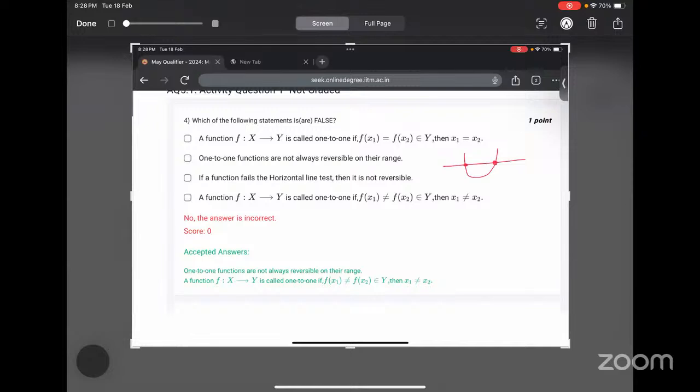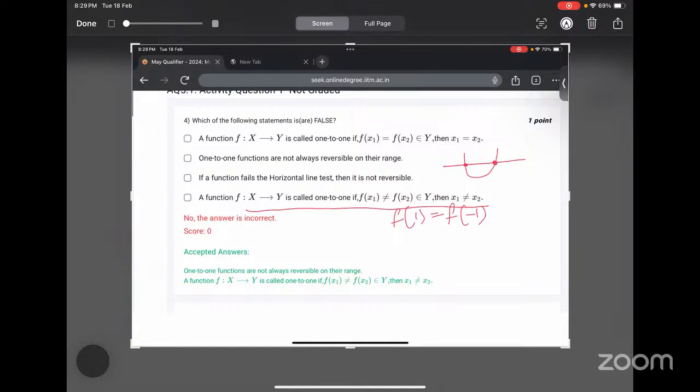That means it is not one-to-one. Or you can see that the functional values of 1 and minus 1 are the same. But that depends on the domain, right? If I say it starts from 0 to infinity, then it is a one-to-one function. Here they don't mention anything like that, so we take the whole domain. You can restrict the domain of any function and make it one-to-one, but I'm talking about the original domain.